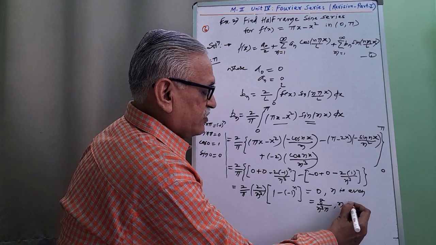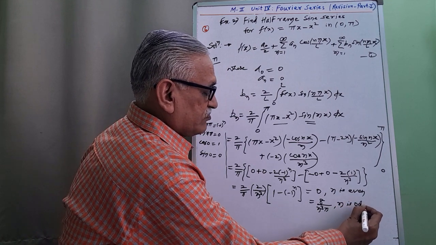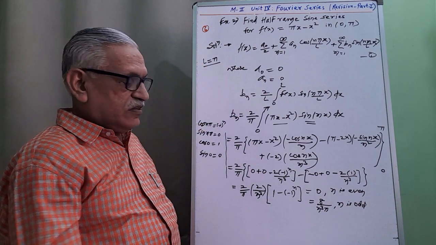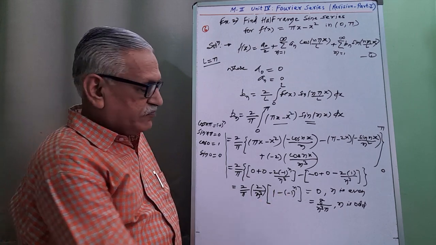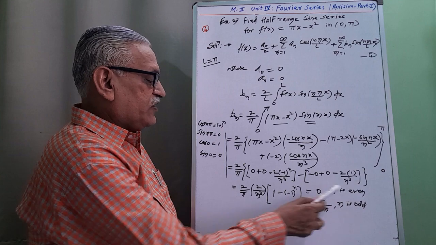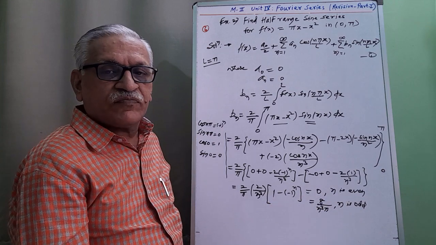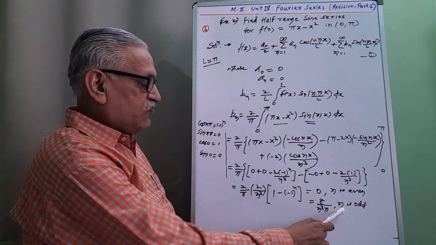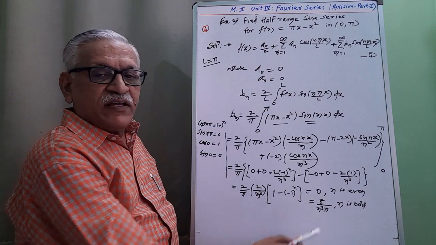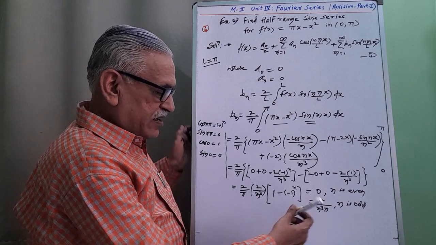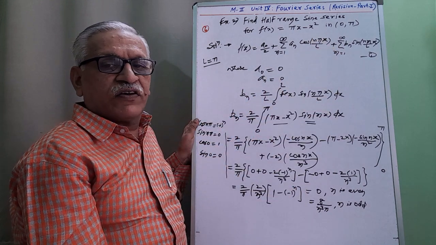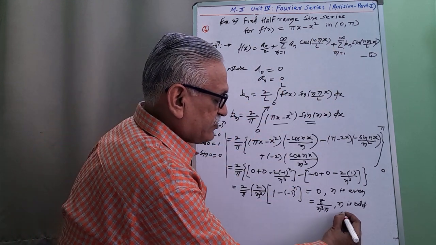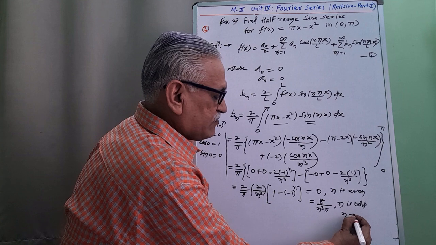If n is even or odd, means, once again I will repeat this step, because it is a very important step. When n is even, value becomes 0, and when n is odd, value is 8 by n cube pi. And while substituting this here in equation number 1, we have to replace n by its general term.